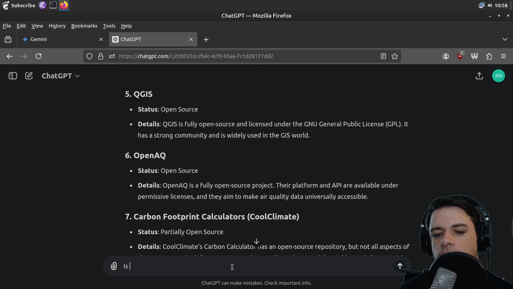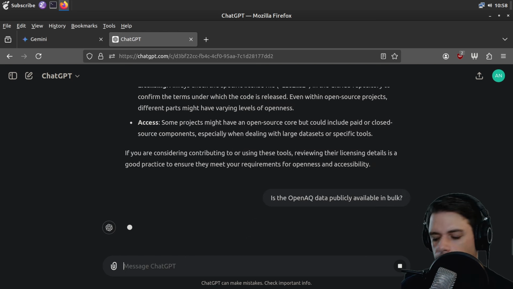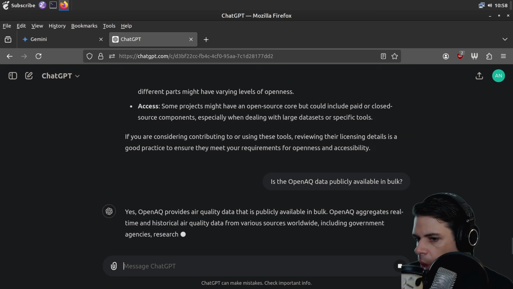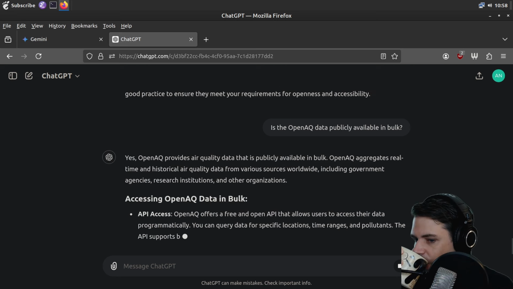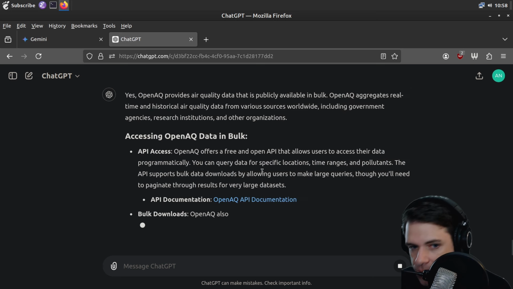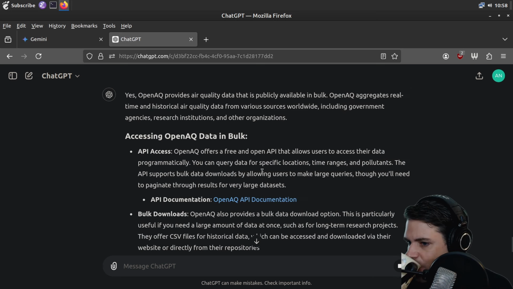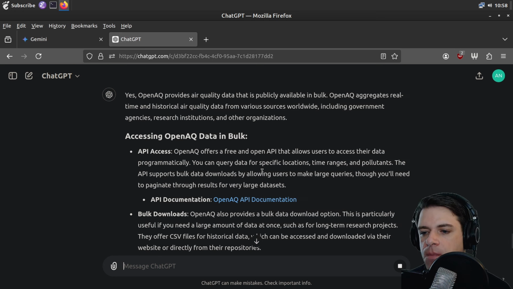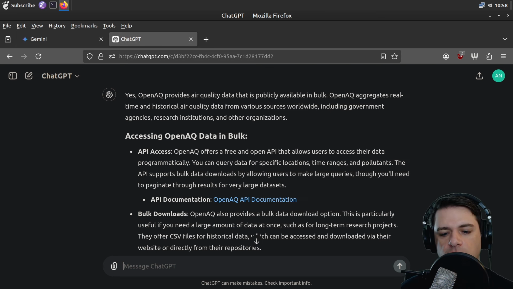So let's see if we can find out whether it's really open source or not. So I'll ask, is the OpenAQ data publicly available in bulk? Okay, so it seems like ChatGPT says that they're available in bulk.